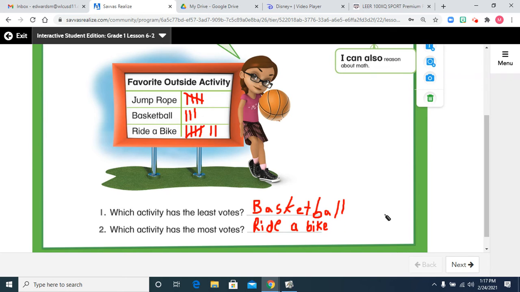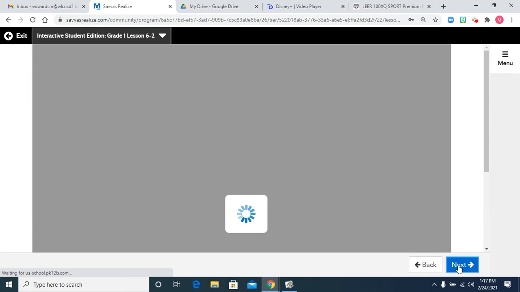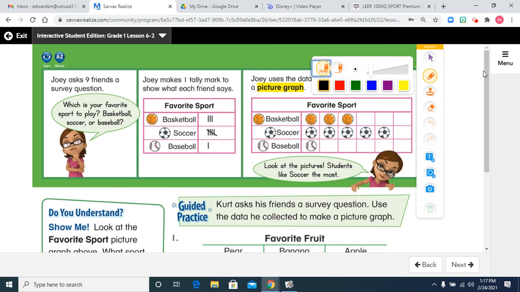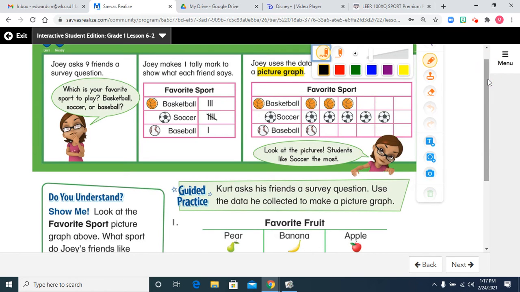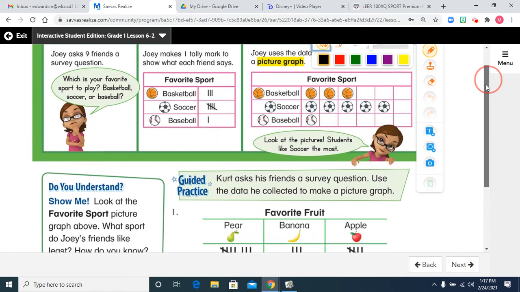If you're good on that page, please turn to the next page. On this page, let's read the directions and work on number 1 together.